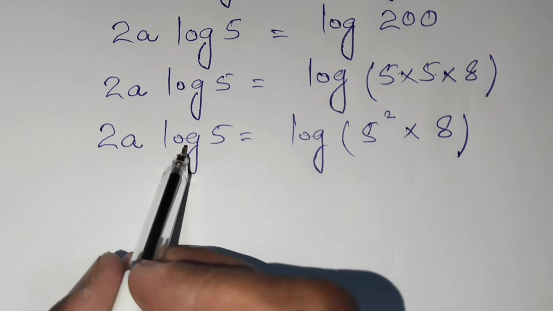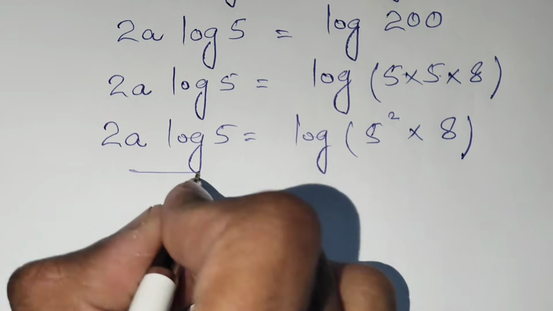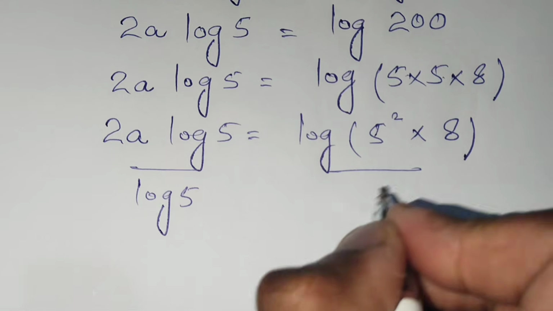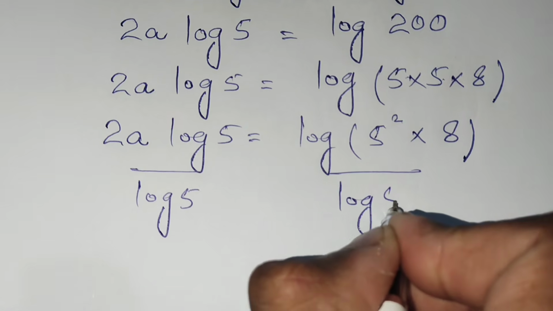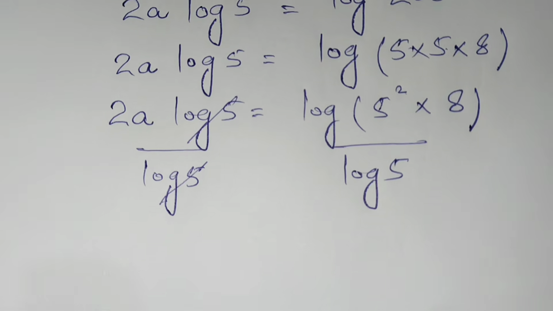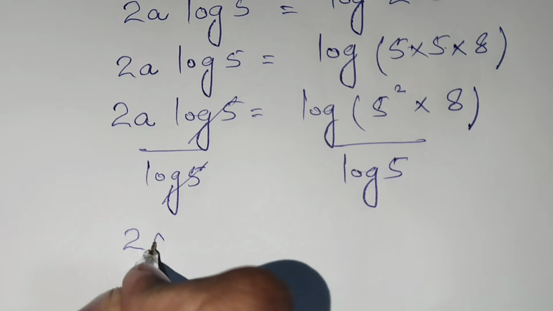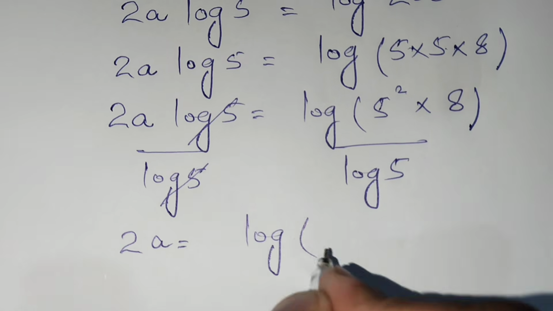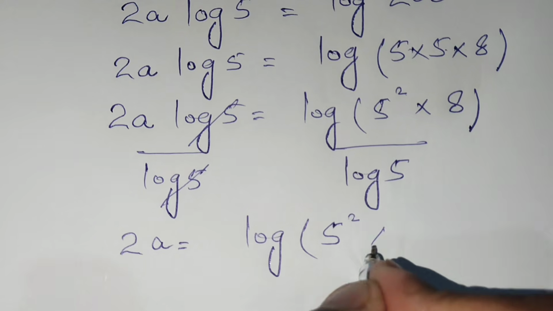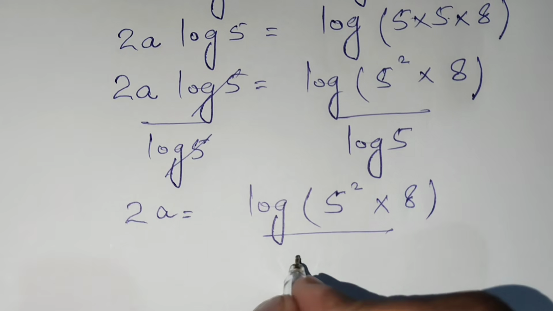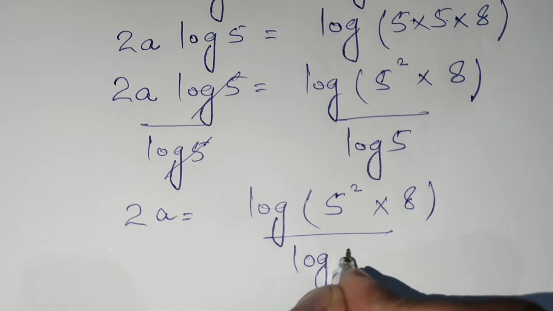Now divide both sides by log of 5. Log 5 cancels with log 5. 2a equals log of 5 square multiply 8 over log of 5.